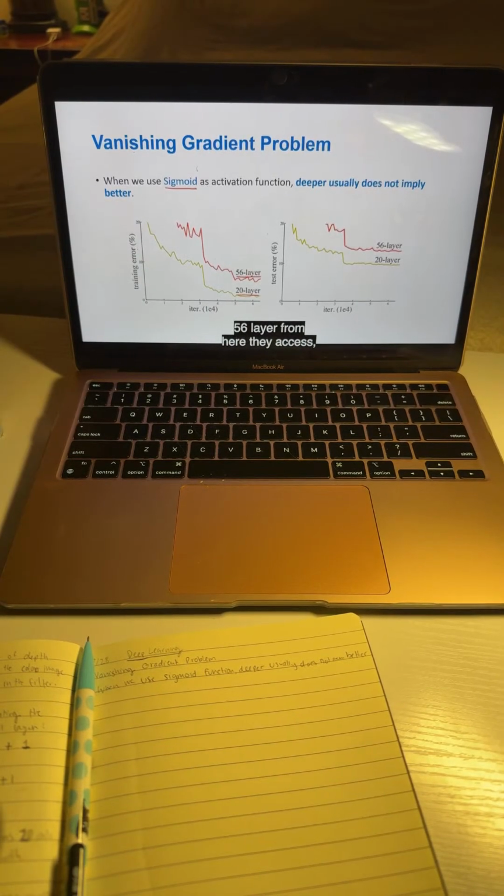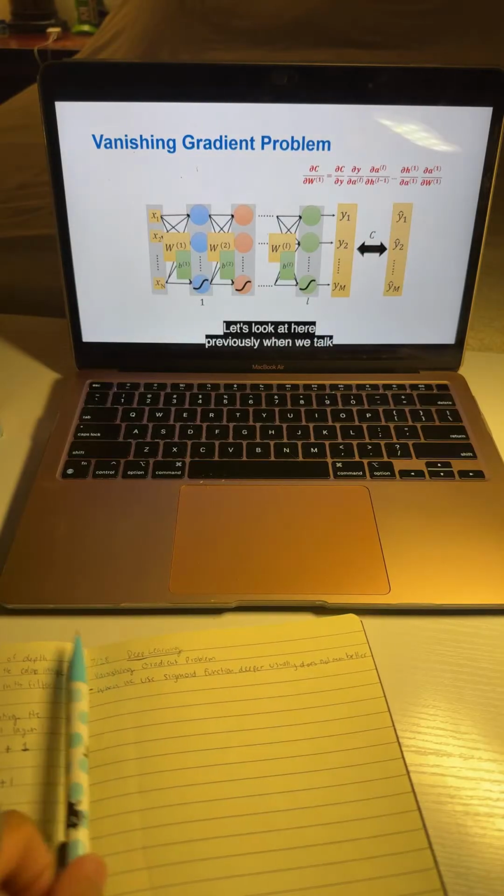From here, the y-axis is the training error, another is testing error. You might find that it seems the deeper neural network gives us a higher error, which is not our expectation. What happened? Actually, this is because of vanishing gradient problem caused by the sigmoid function.